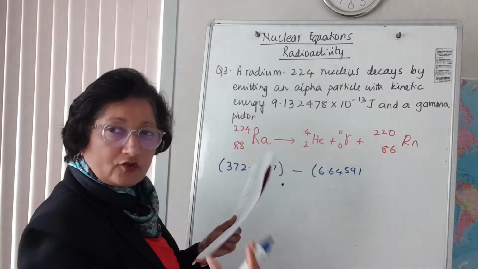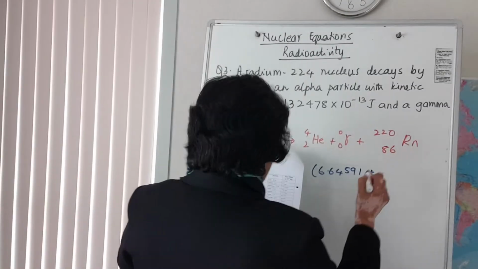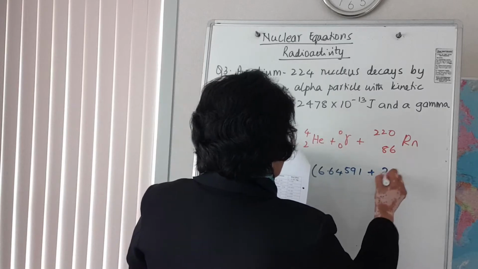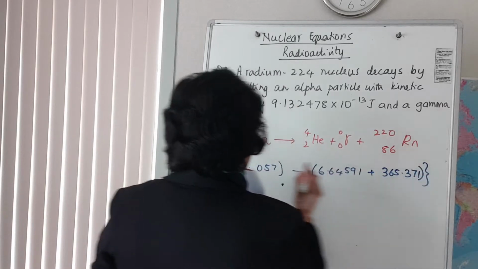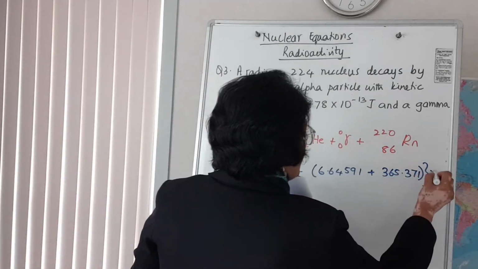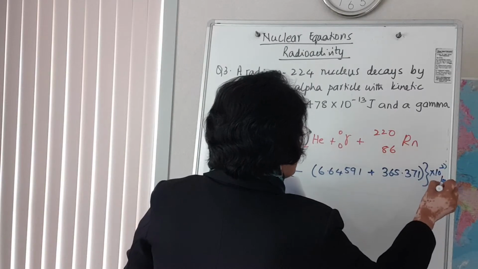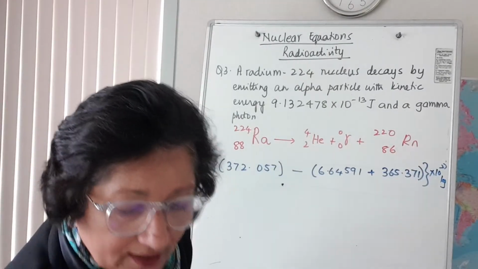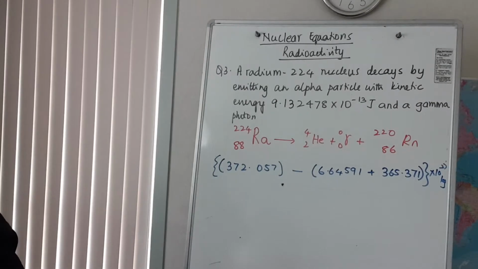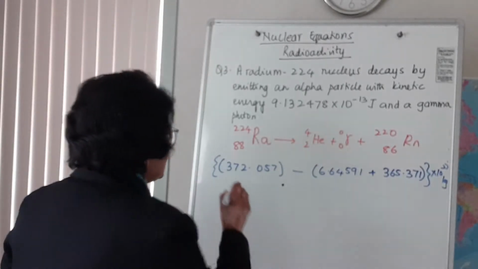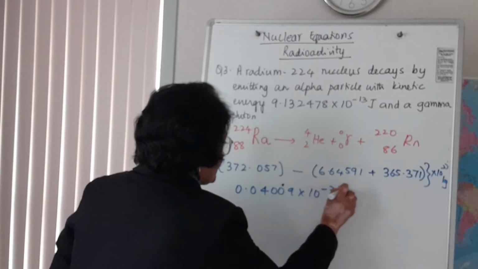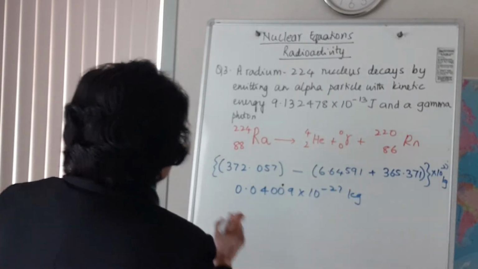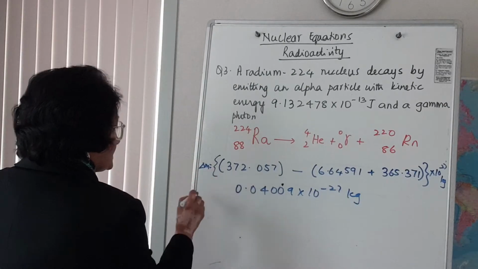The gamma photon has no mass, plus the mass of radon, 365.371, and all this is times 10 to the power of negative 27 kilograms. If I put that into my calculator, I get 0.04009 times 10 to the power of negative 27 kilograms. Now this is my mass defect.